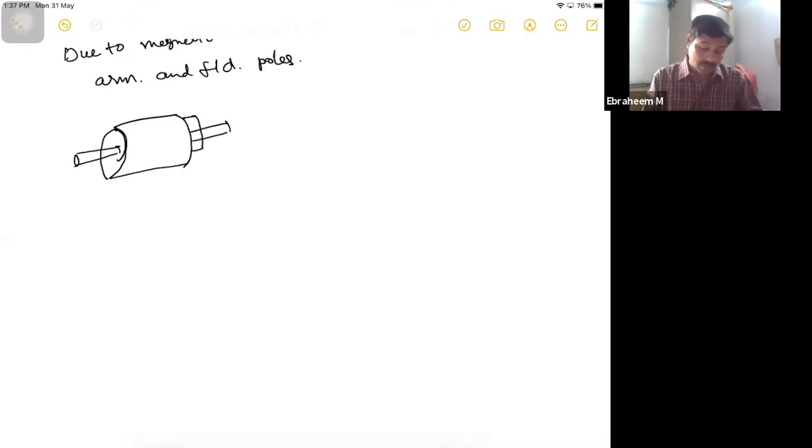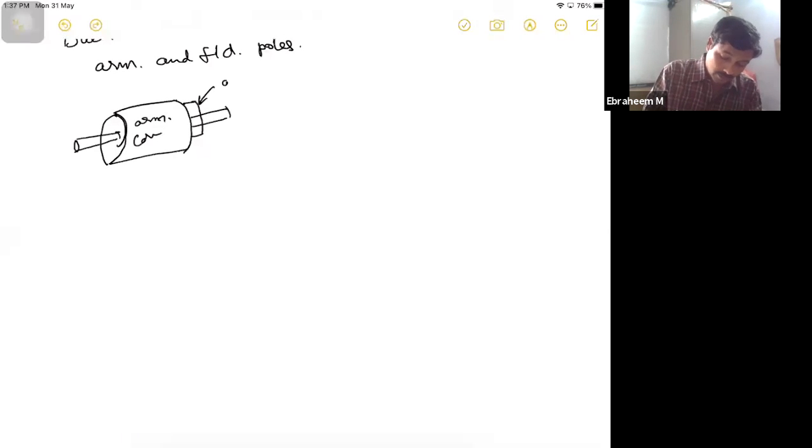So what is this, the armature core? This is the commutator. This is the core. Okay.